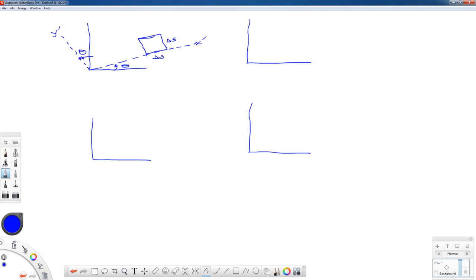So to start off with, I have this original x and y axis that I'm going to have right here. And I have a new axis, x prime and y prime. And that axis is at an angle theta with respect to the original x and y axis. I have a square drawn in here of side delta s, and it's aligned with this x prime, y prime axis. This is the undeformed geometry.